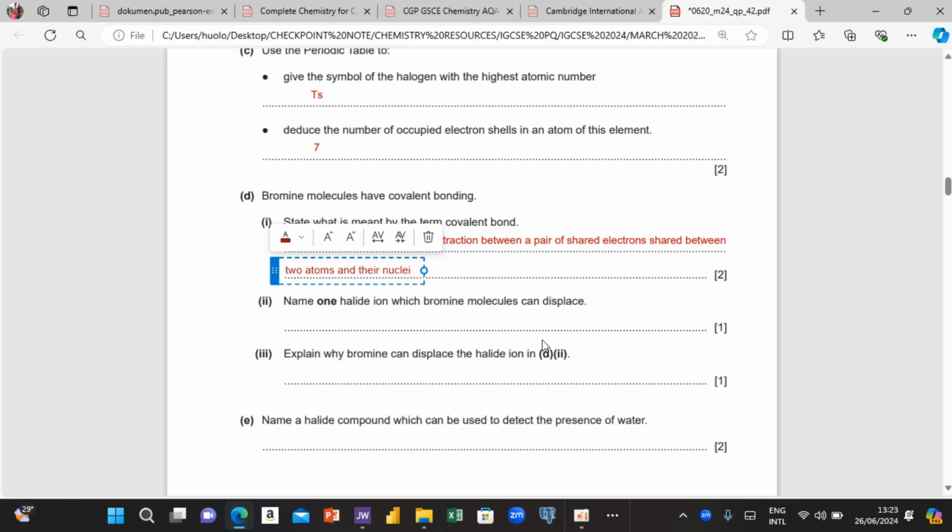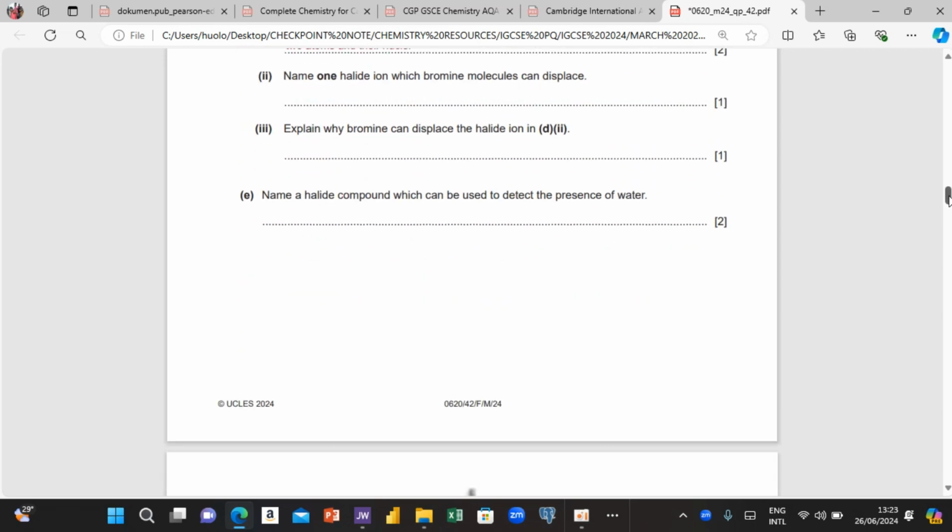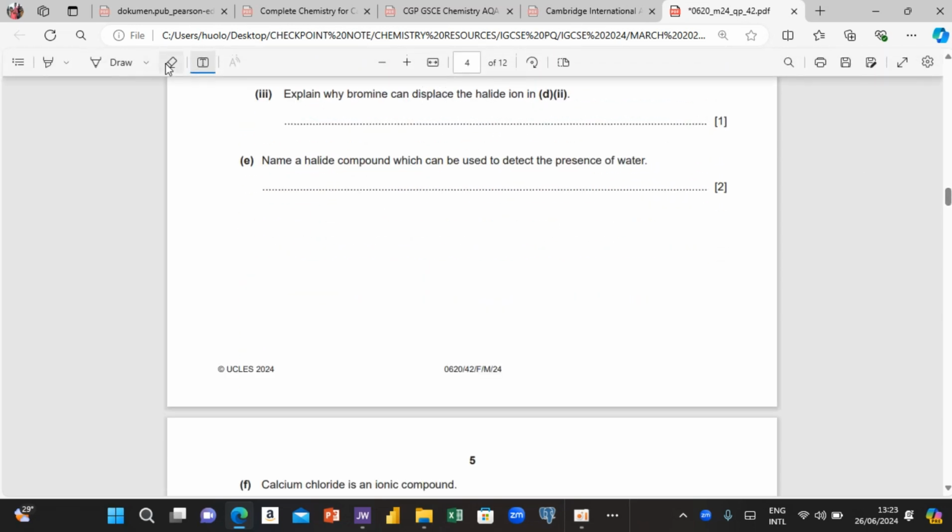I'll demonstrate shortly what this means, perhaps using a hydrogen atom, to show what we are referring to.